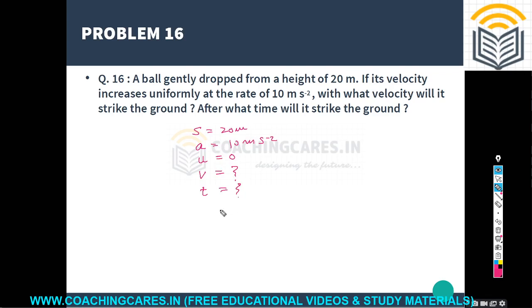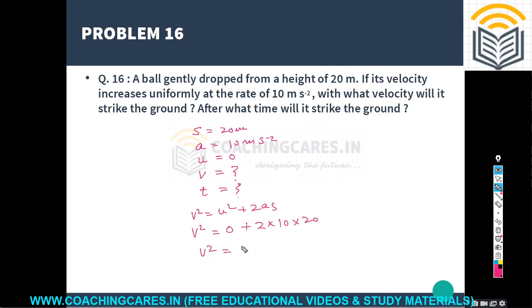So what equation can we apply here? v square is equal to u square plus 2as. v square is equal to u is 0 plus 2, a is given 10, s is given 20.